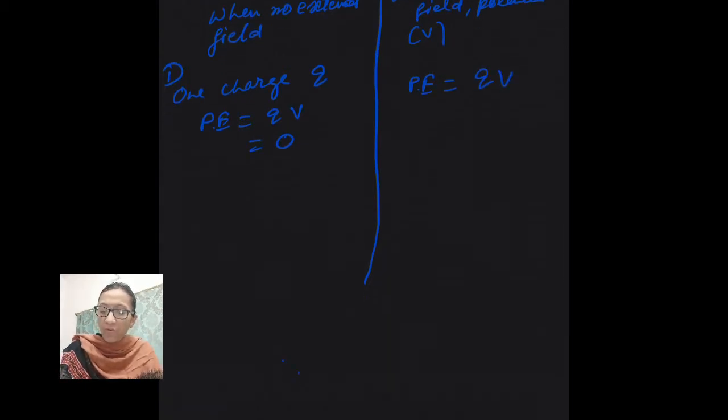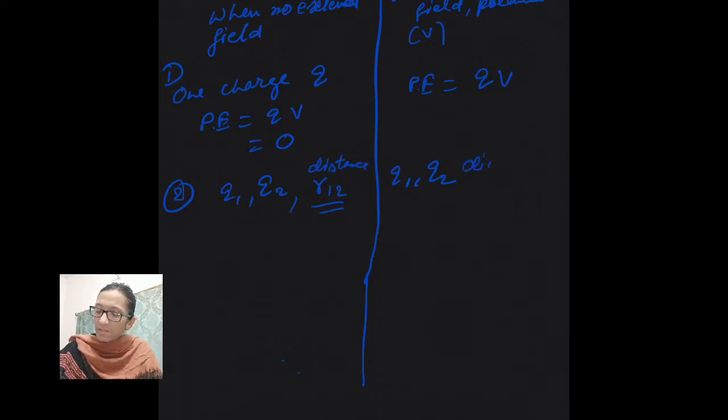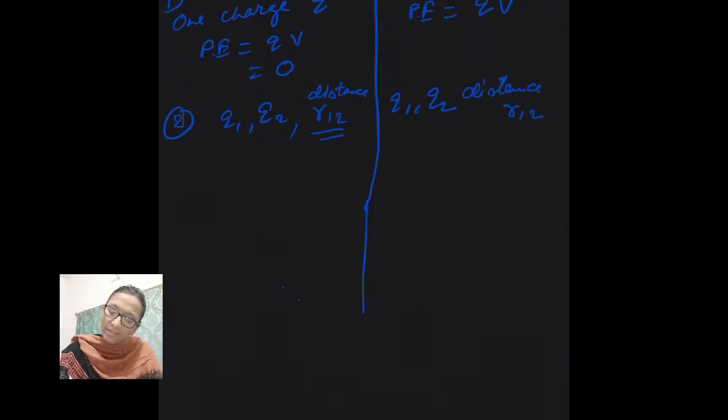Now when you have two charges, Q1 and Q2, at a distance of R12. Here the potential energy of the system of charges is equal to Q1 Q2 upon R12.